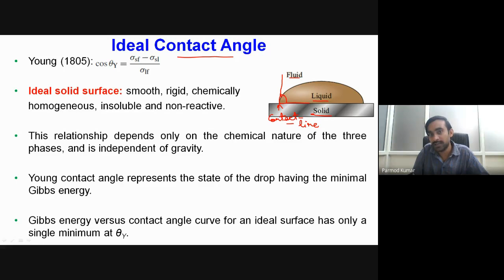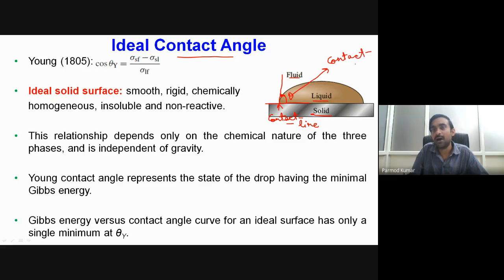Here you have to see that we could measure the angle from this side also, because this tangent will be extending, but you have to remember that we always measure the angle from the liquid side. So whatever value of theta we get, that particular value of theta is known as the contact angle.